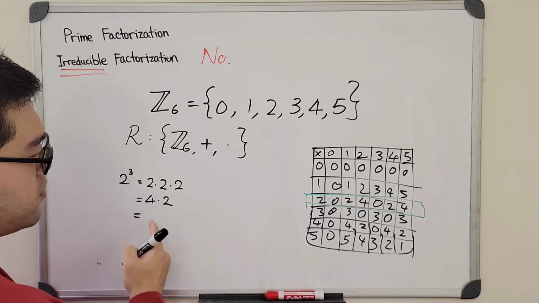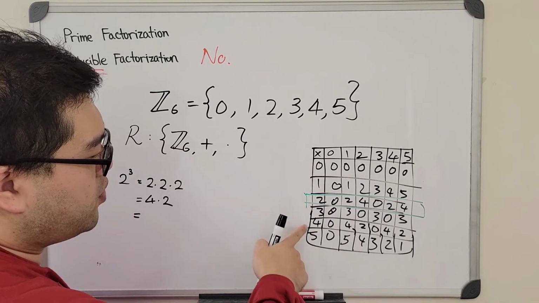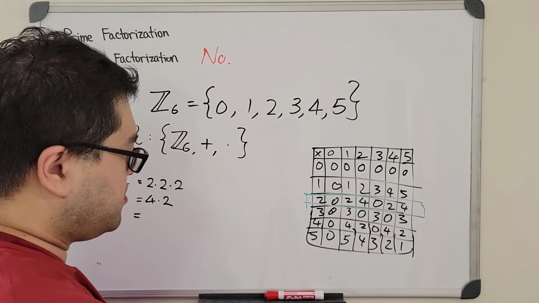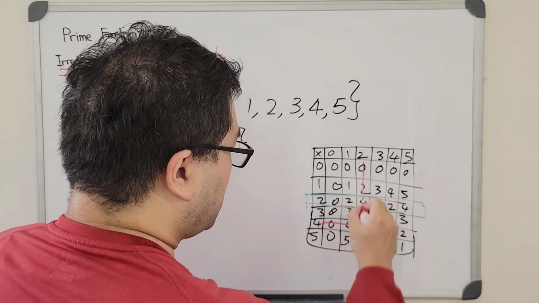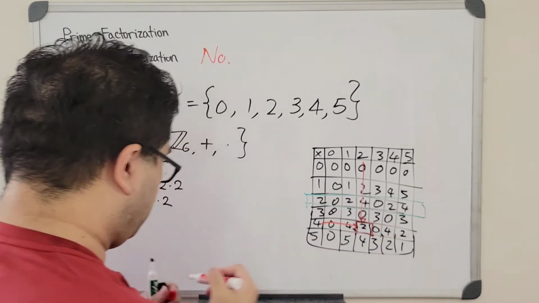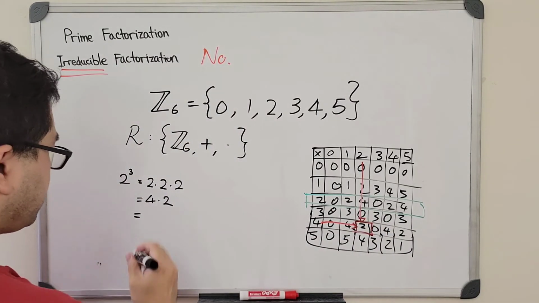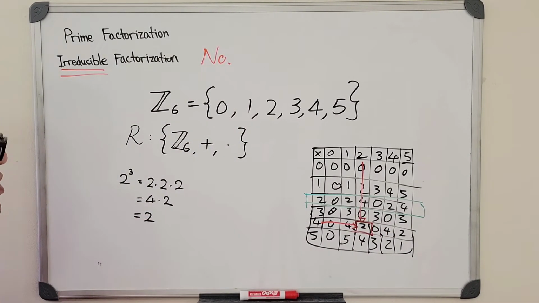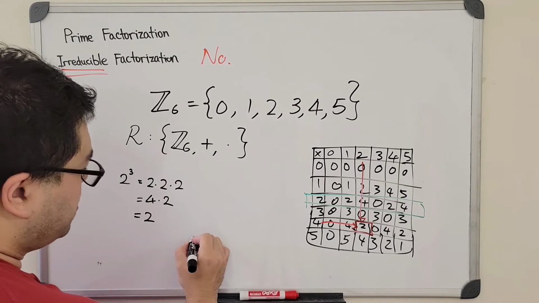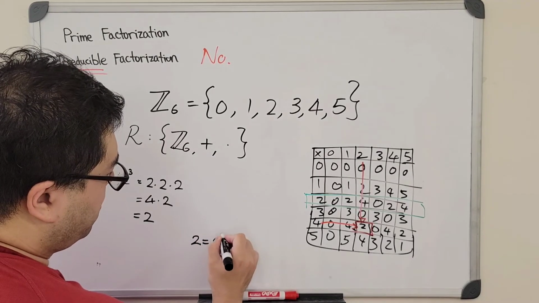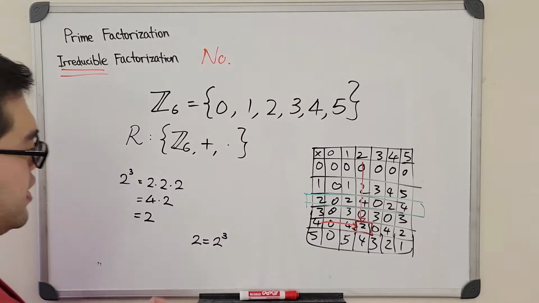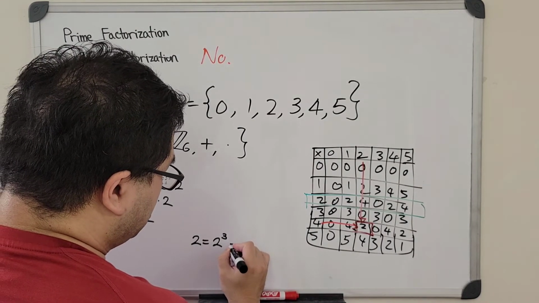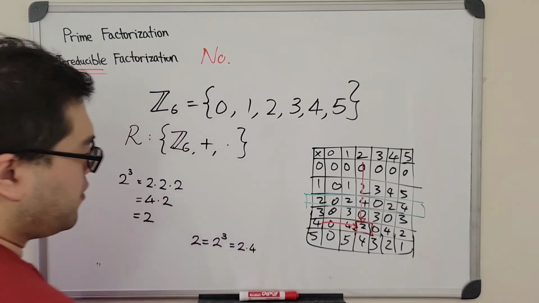Then what's 4 times 2? From the table, 4 times 2 is going to give us 2. So in other words, we can rewrite 2 as 2 to the third power, or 2 is actually equal to 2 times 4 as well.